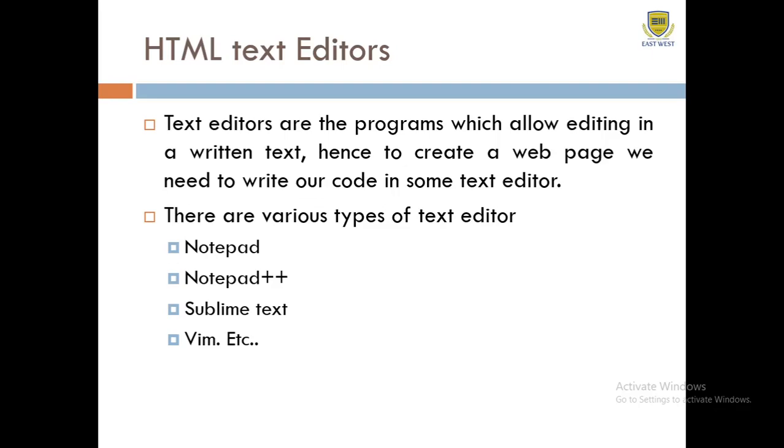After learning the basics, you can easily use other professional text editors. Basically we will go with Notepad at the first stage, and in our upcoming sessions also, first we will go with Notepad. Further, if time permits, we will go with advanced text editors like Notepad++ and Sublime Text.